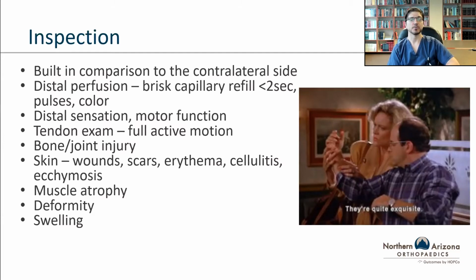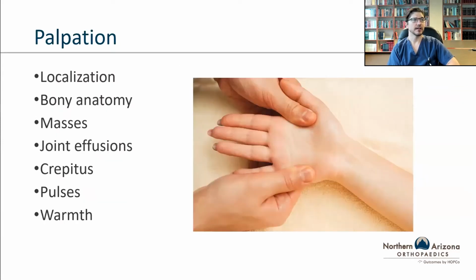Skin examination, looking for wounds, swelling, scars are all critical. And we also look at swelling, obvious deformity, and those types of things. Again, palpation is critical. It helps us to localize where your pain is and what the possible injury can be.